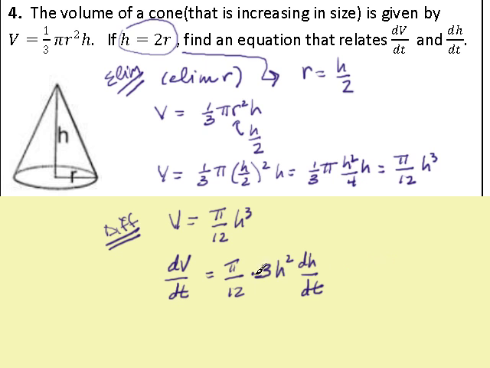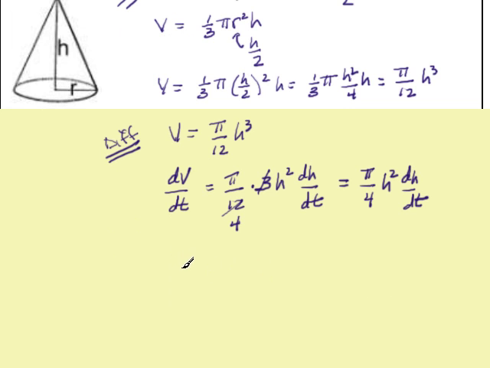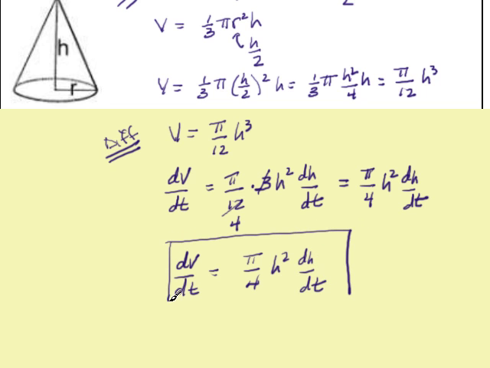We could just reduce a little bit, divide by 3, and we have pi over 4 h squared dh/dt. Let me just rewrite this. And that's our equation involving dV/dt and dh/dt.